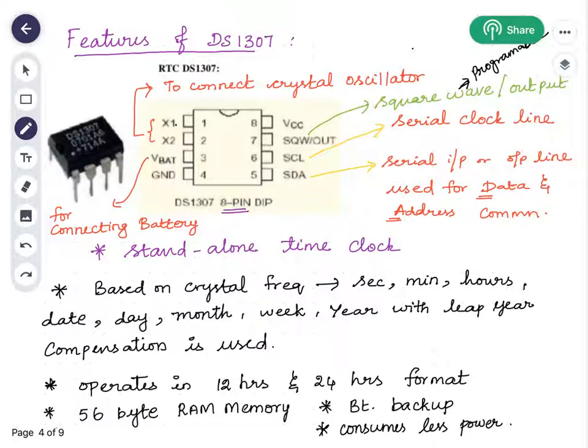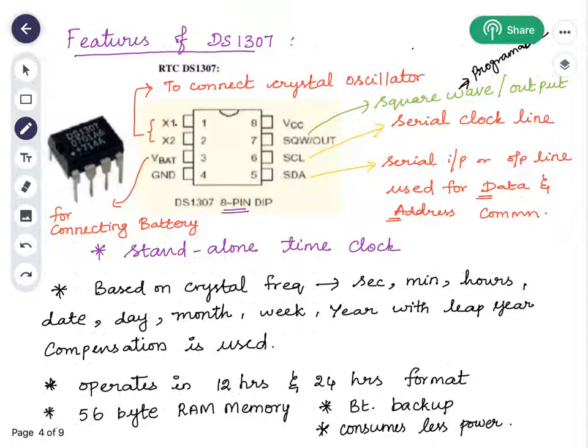Now let us see the features of the DS1307 RTC device. It is an 8-pin IC. It can access a standalone time clock. This particular 8-pin IC is supported with SCL line and SDA line, which in turn are connected with P2.5 and P2.6 of 8051 for interfacing.